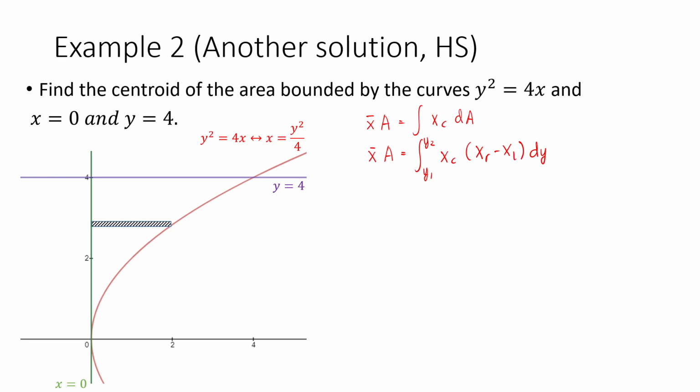So this time we shift again. Since we are integrating with respect to y, our x sub c must be represented in terms of y variables. So this time we get the midpoint formula again. Okay, we need x sub c to be in terms of y variable, right?